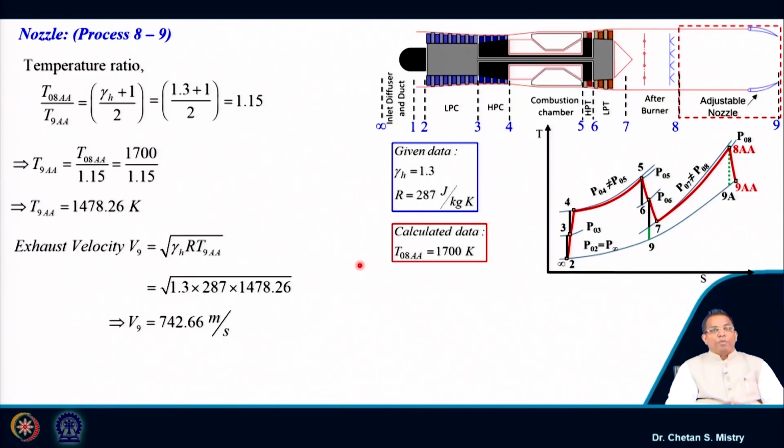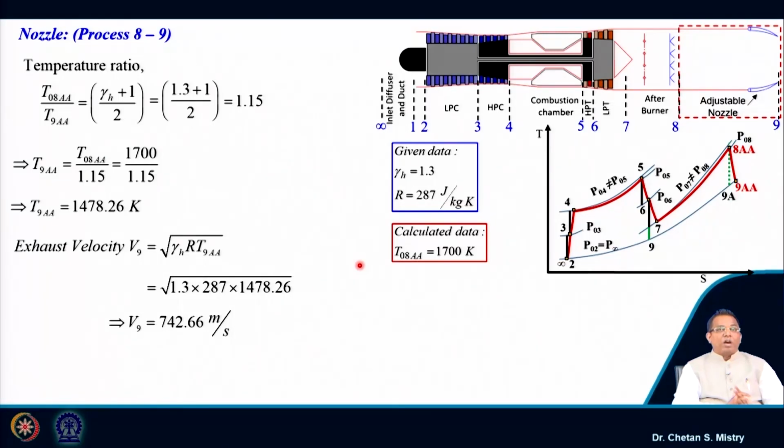Okay. So, by this we are able to calculate our cycle parameters. Now, in the next lecture we will try to do the calculation for the performance parameters, and as we have discussed in the earlier case also, we will try to incorporate the change of parameters like overall pressure ratio and turbine entry temperature, and how these parameters are affecting my thrust, specific fuel consumption, specific thrust and efficiency terms.